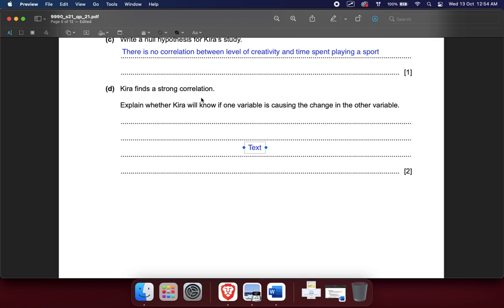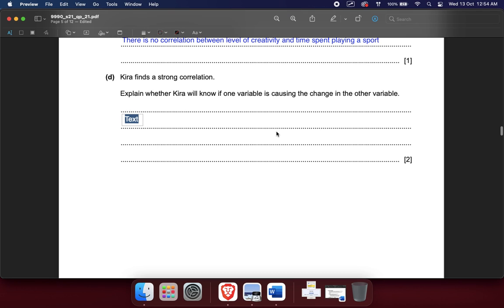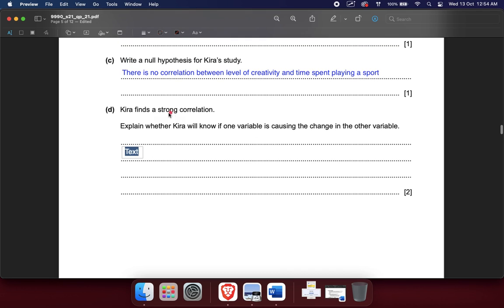Right, so that's causation. What we want is correlation. Okay, so next question. If we find a strong correlation, does that mean that we can conclude that one variable is causing the change in another? The answer is no, because correlation is not causation.